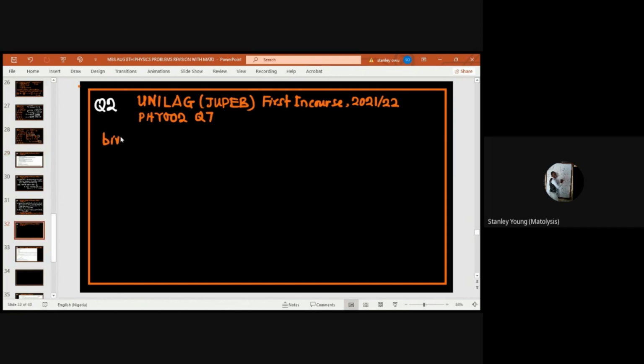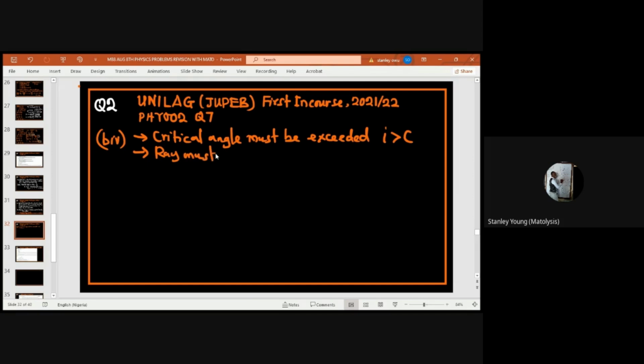As B, Roman figure 4, the two conditions: the critical angle must be exceeded, as I said, I has to be greater than C. And the ray must travel from a denser medium to a less dense medium, like glass to air, or water to air, in that manner.